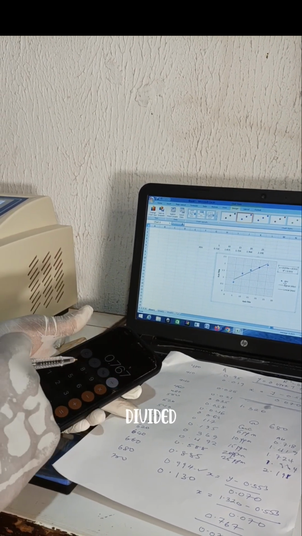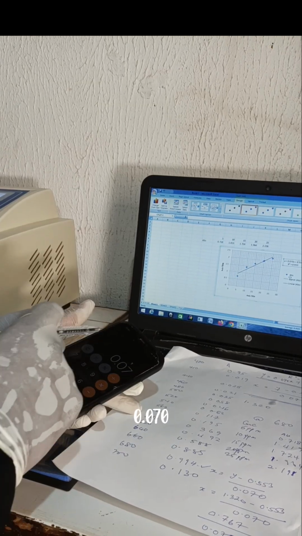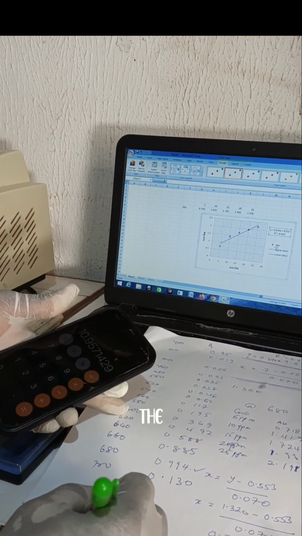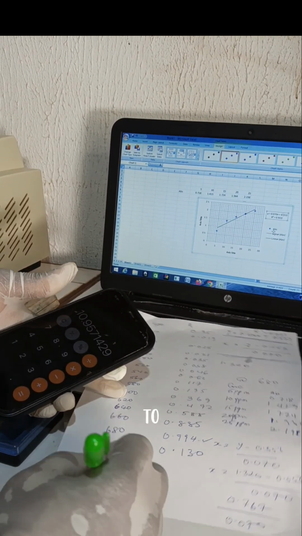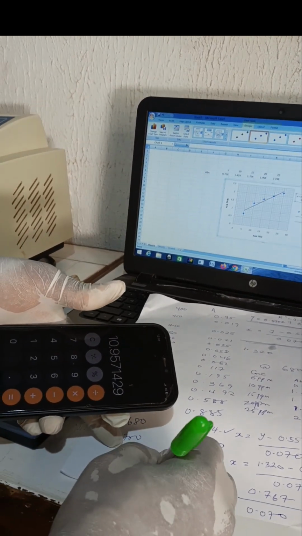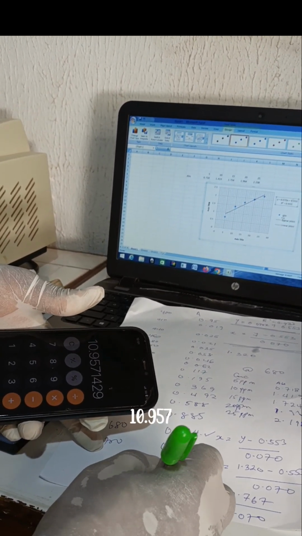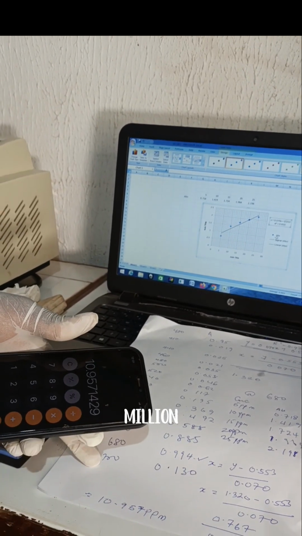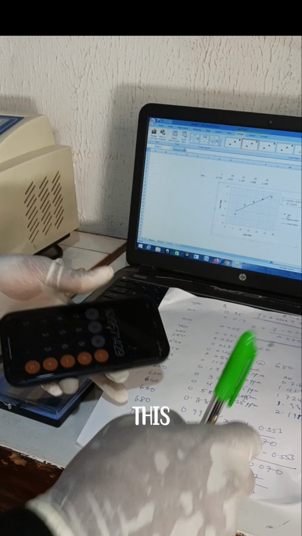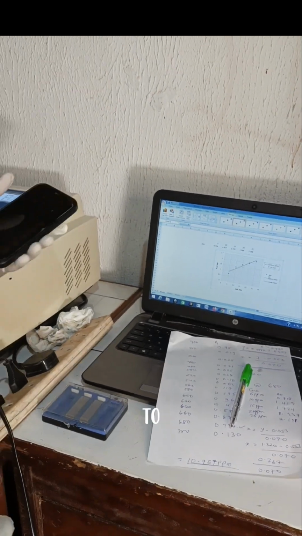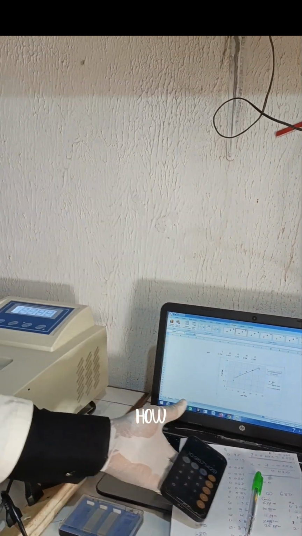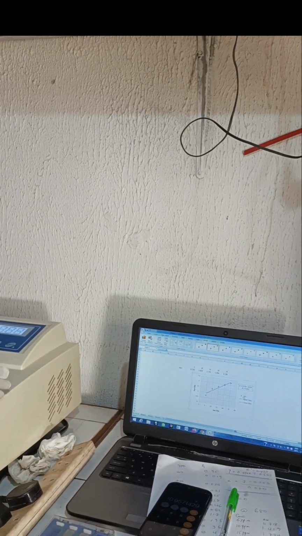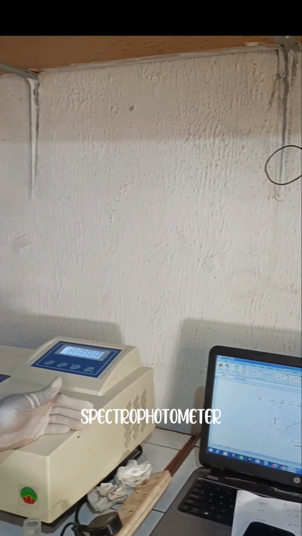And this divided by 0.070, then we get the concentration of the sample to be 10.957 parts per million.